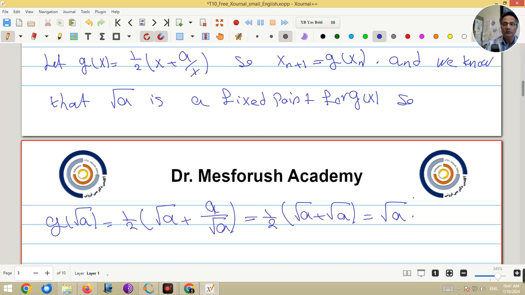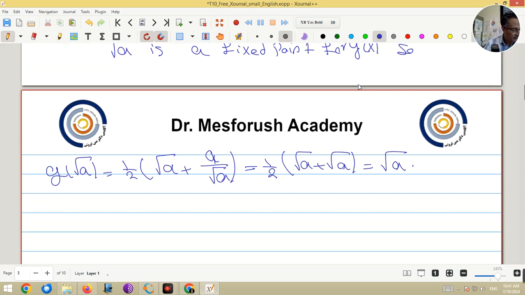In fact I proved that the square root of a is a fixed point of g(x).